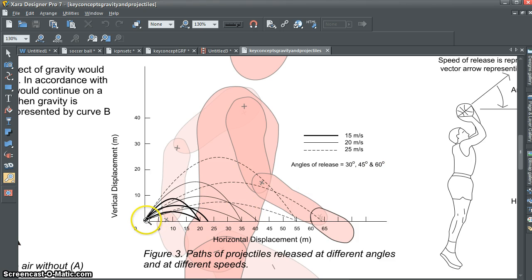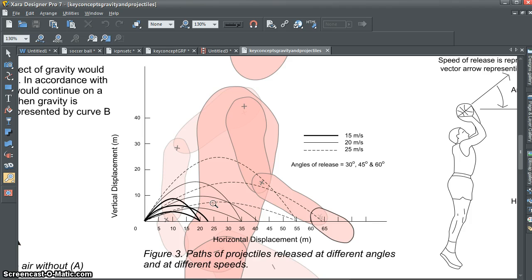Consideration of the diagram shows that the optimal angle for an object that lands at the same height at which it was released would be 45 degrees. It's important to note that this is optimal in the sense of maximizing the range of the object.